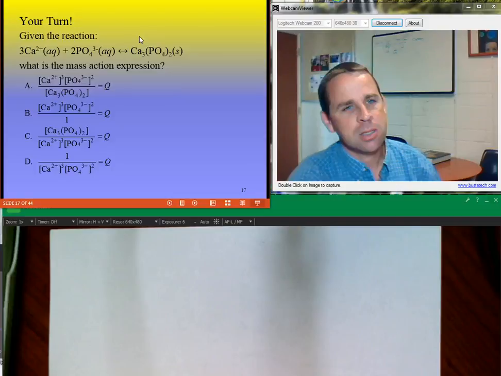So we have our expression where we include only the concentrations of the aqueous or gaseous components, not solids or liquids. All right, one more chance. Again, if our answer here is D and we're looking for the reverse reaction, it's just going to be the reciprocal, meaning we've switched the numerator and the denominator.